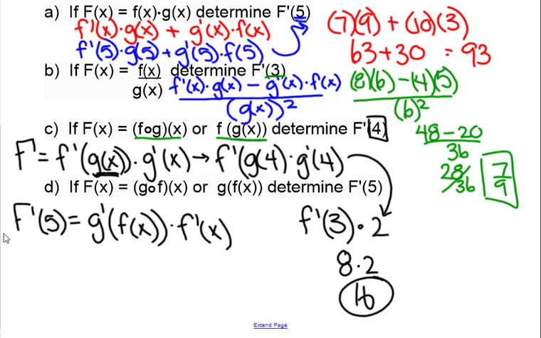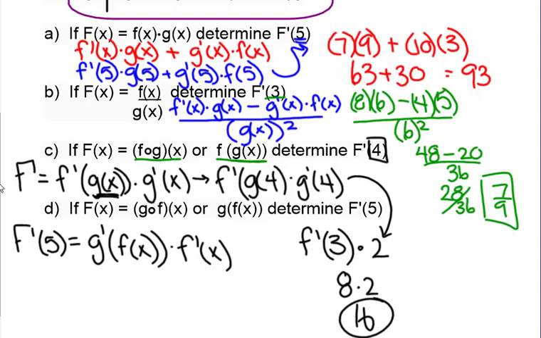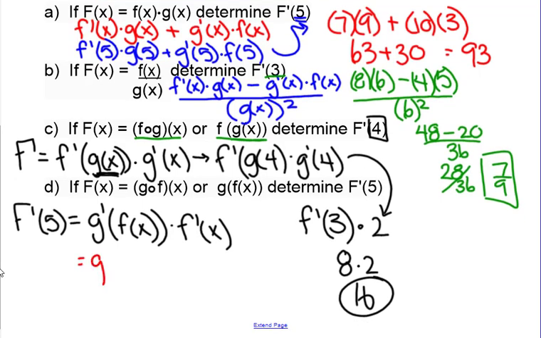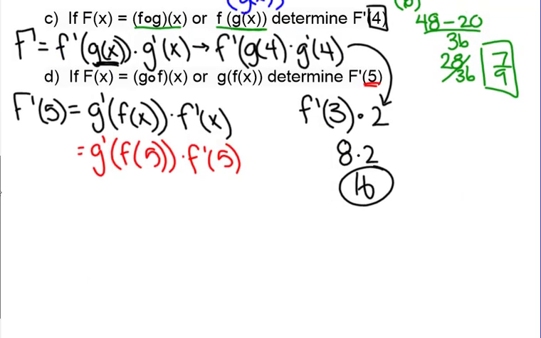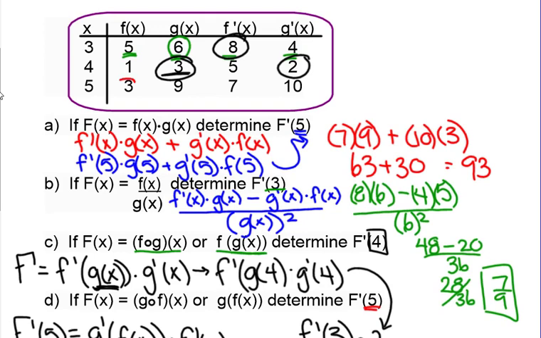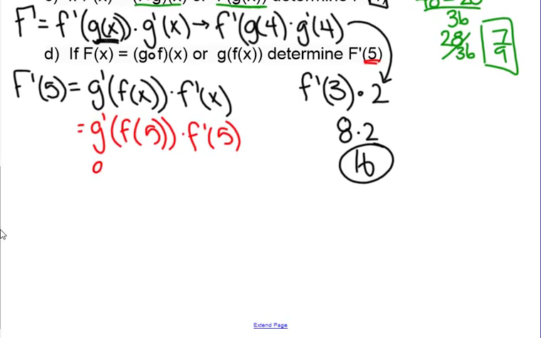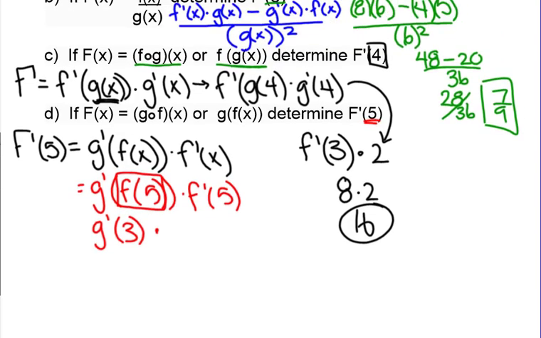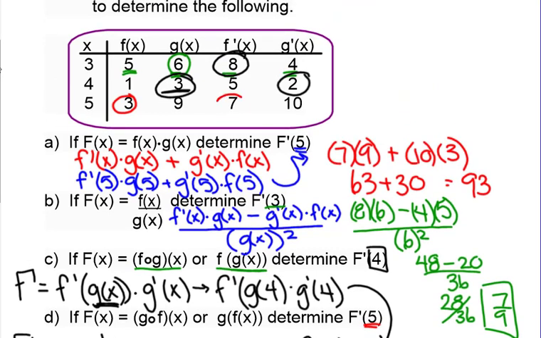So we want now, if I'm going to fill in these values, g prime of f of 5, because we're doing it at 5, times f prime of 5. Well, f of 5 is 3. So g prime of 3, because f of 5 is equal to 3. We saw that up there. Times our f prime of 5, which is 7.